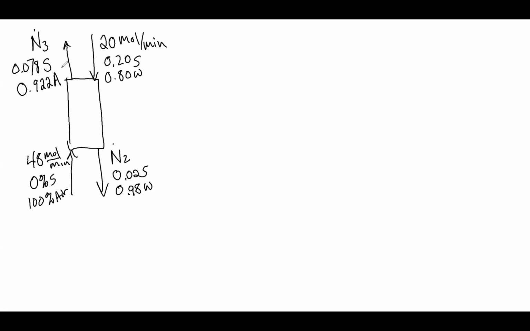So going back to what we did in material and energy balances, the first thing I would do when presented with this material balance is to do a degree of freedom analysis. And as I've labeled it, I have 2 unknowns, which are N2 and N3. And I have 3 material balances because I have 3 species in the system.